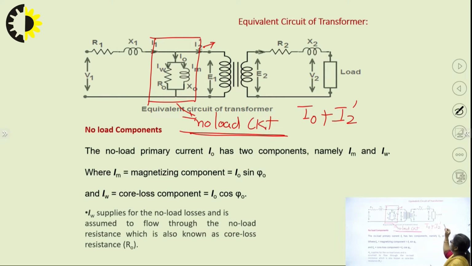Why am I representing it with I2 dash? Certainly, it has a relationship with I2. It is making over with the load being forced on the secondary side. So the relation is I2 dash equals K times I2, where K is the transformation ratio of the transformer.